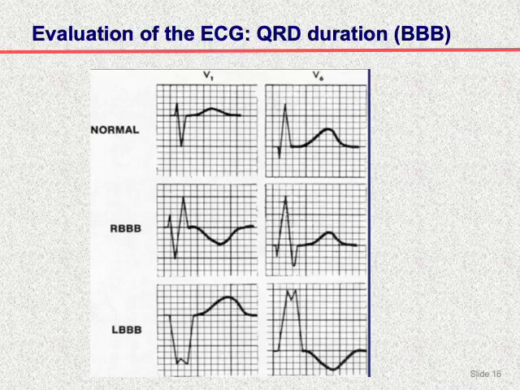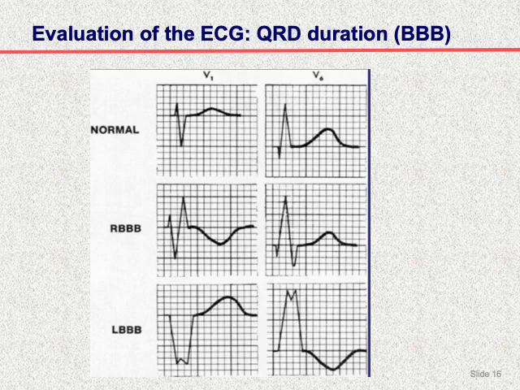As regards the next item, which is bundle branch block, we have the QRS duration. Normal QRS duration is from 60 to 100. If it reaches 120, this is bundle branch block. What do we mean by bundle branch block? The impulse travels through the AV node and then to the His bundle, and normally it conducts through the right and left bundles simultaneously.